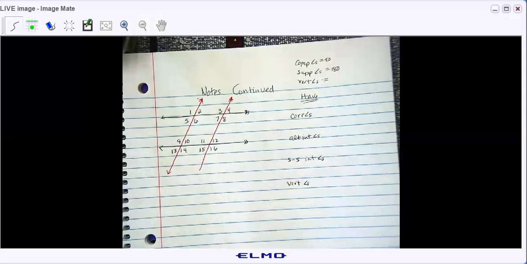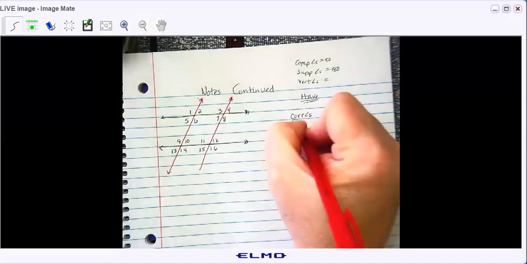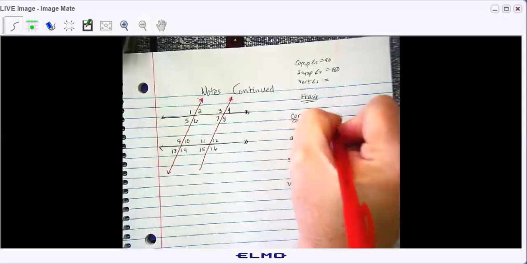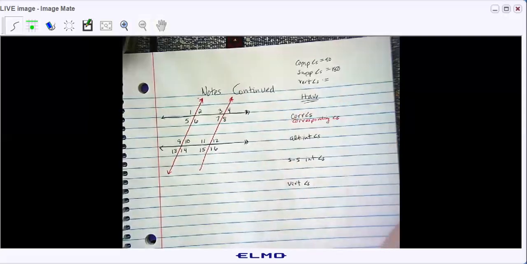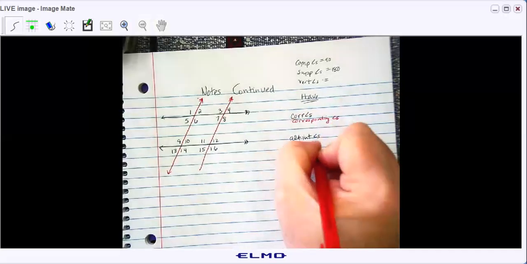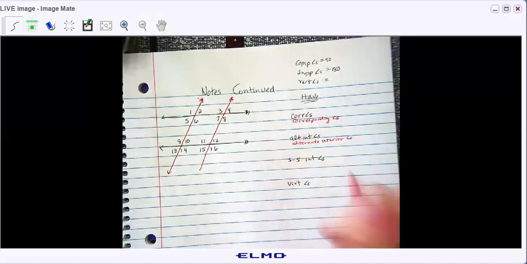Okay, so let's look at what these are. I'm going to write out the name underneath: corresponding angles, alternate interior angles.